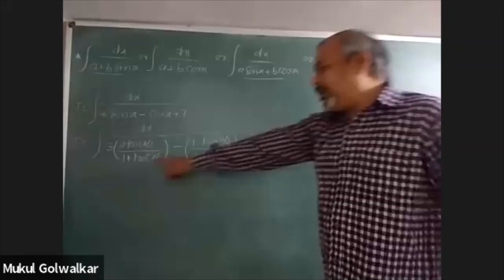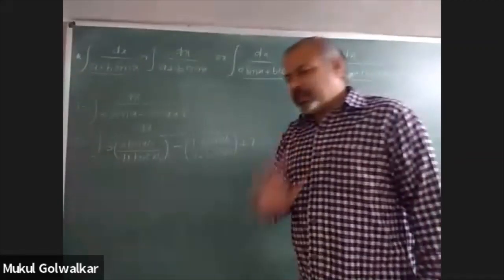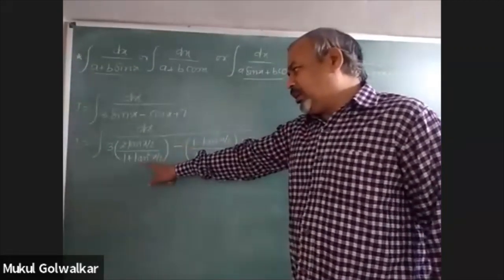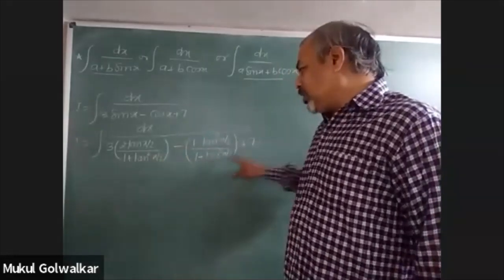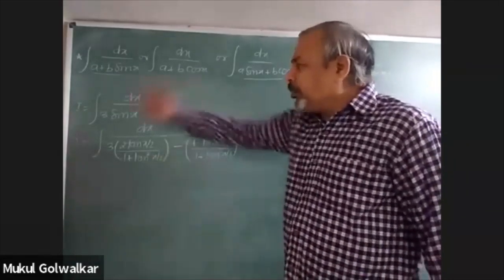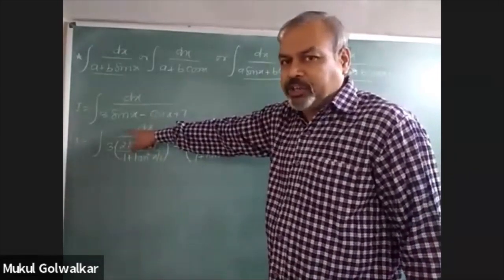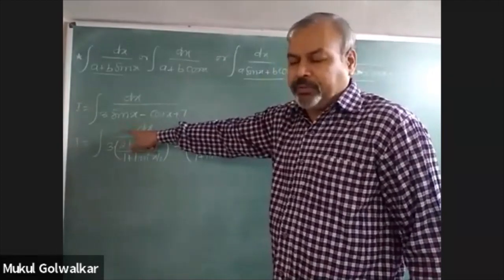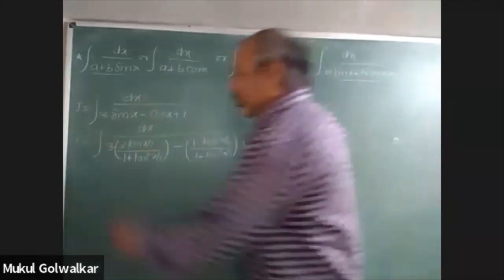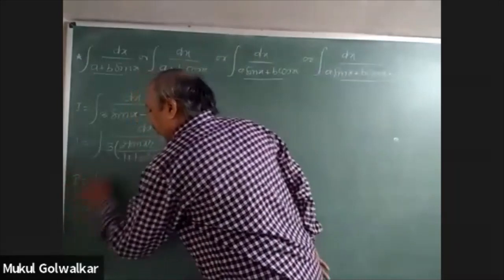So we shall be taking LCM, and I hope you will be able to understand that. So I take 1 plus tan square x by 2 as an LCM, and I will be writing that in multiplication with dx. Okay. So that simple step will save our time.